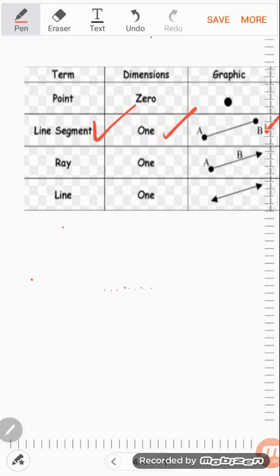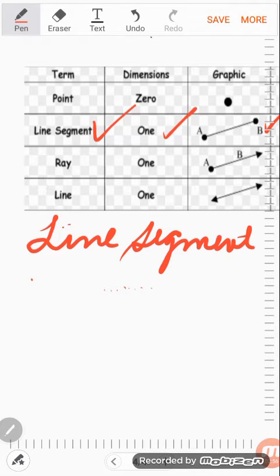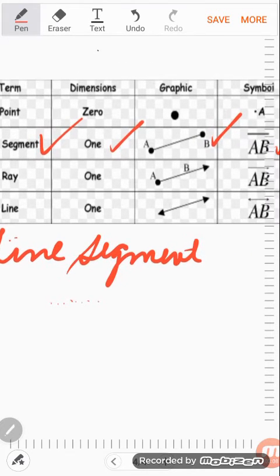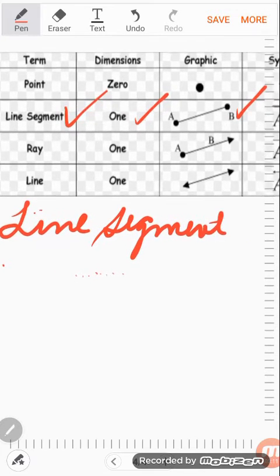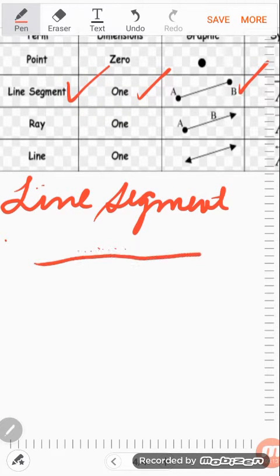Let's define a line segment: it is nothing else than a part of a line that contains every point on the line between its endpoints. As you can see, it will be a little part of a line that contains all the points from the endpoint A to the endpoint B.